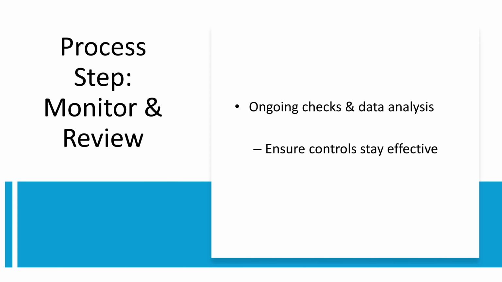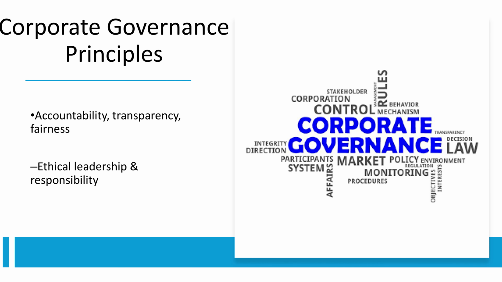Now let's connect governance principles to your roles as supervisors. Here's what they look like for supervisors. 1. Accountability. You take ownership for machine quality, safety, and reporting. 2. Transparency. You report breakdowns and quality issues honestly and immediately. 3. Responsibility.